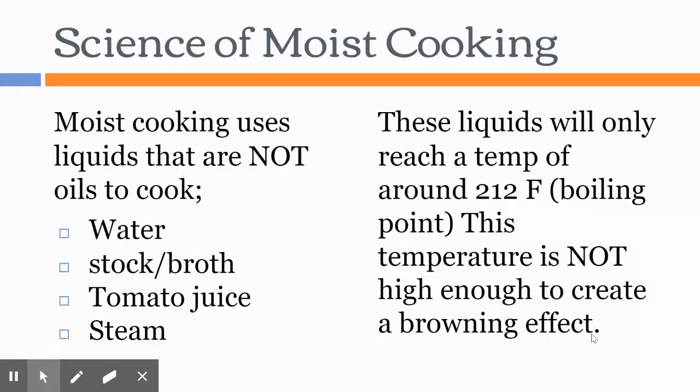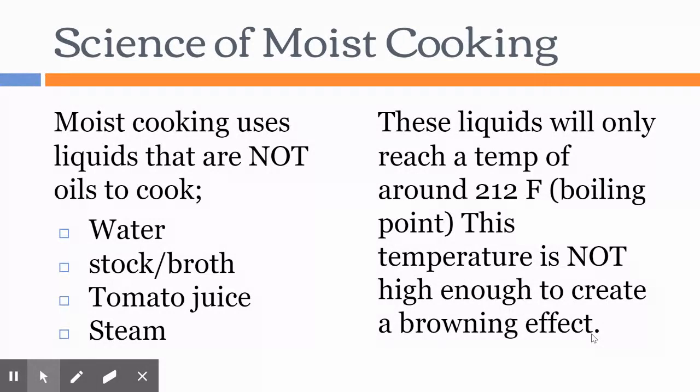So with the science of moist cooking, we look at moist cooking using liquids that are not oils. Examples of that are water, stock or broth, like chicken stock is common, tomato juice, steam, or even acidic liquids like lemon juice or vinegars, or wine or beer is also really common to use in moist cooking.